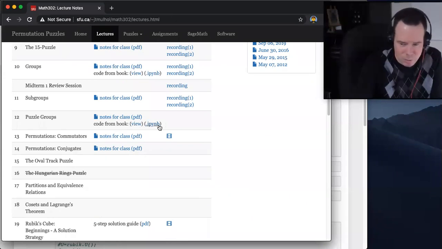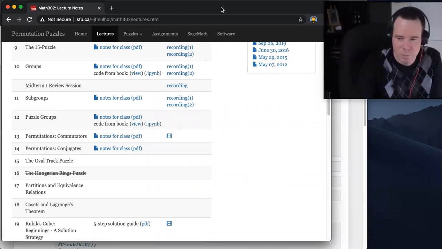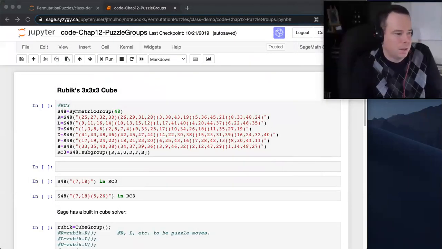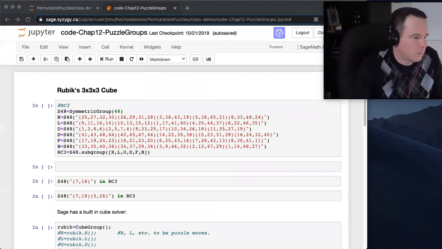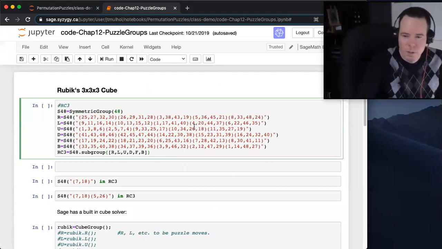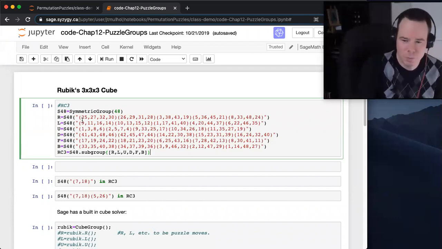And this is basically what I'm doing here. You can view it in the browser window, or you can download the IPython notebook and then dump that into your own space in sage.syzygy. And then once you've done that, you can feel free to interact with and play with the notebook as we go along. Okay, so we're going to start building these puzzle groups.